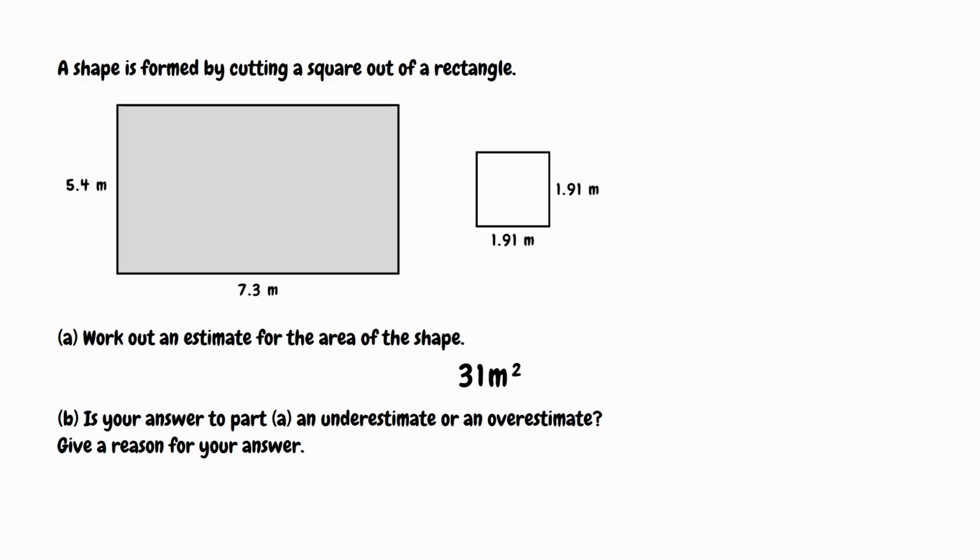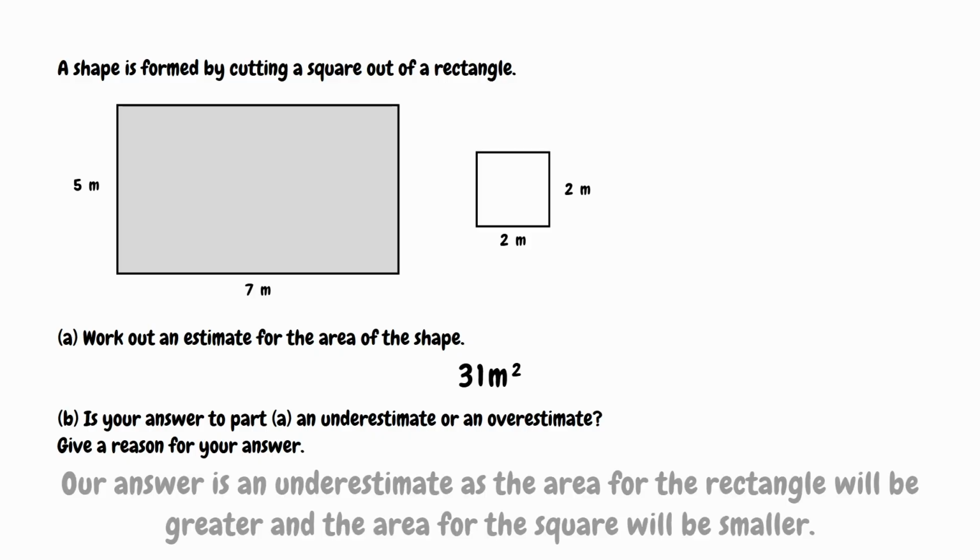And then for the square, we had lengths of 1.91, and we actually rounded these up to 2. So for our estimate, we've actually made the rectangle smaller as we've rounded the side lengths down, and then we've taken away the square. The area of the square we've actually made larger as we've rounded these values up.